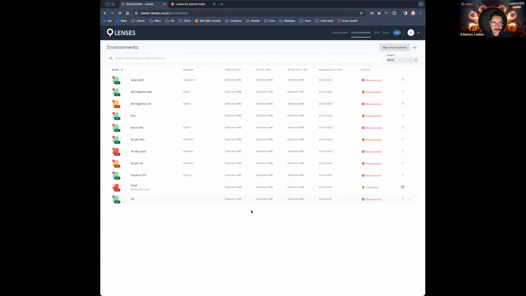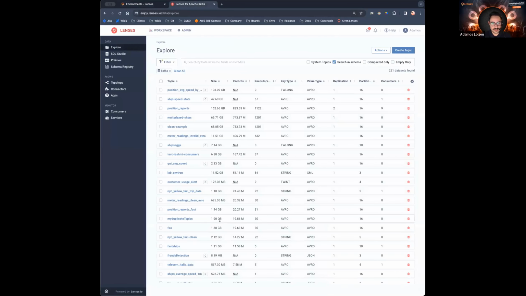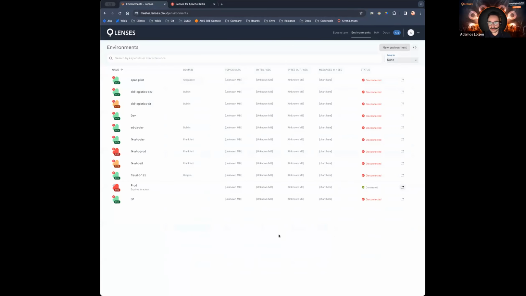What you're looking at here is the multi-Kafka experience of Lenses that we're working on, where these are environments by themselves. You might be used to how Lenses looks on a per-environment basis, with your data catalog of topics in a particular Kafka. This new Lenses works across all of your environments and unifies the way you understand them, the way you manage the data, and the way you manage how things are accessed and shared.